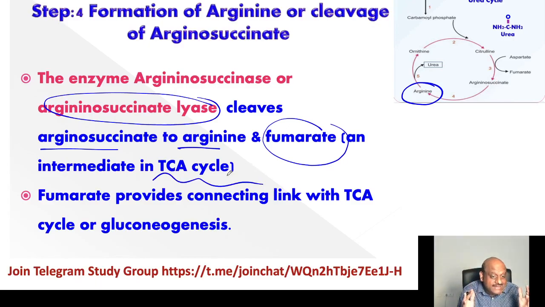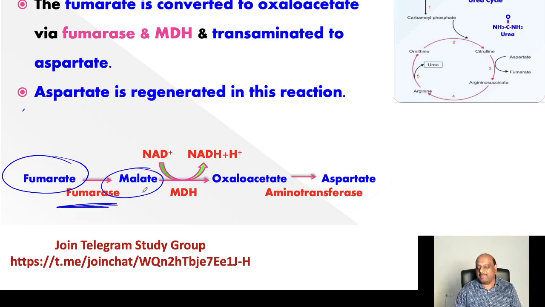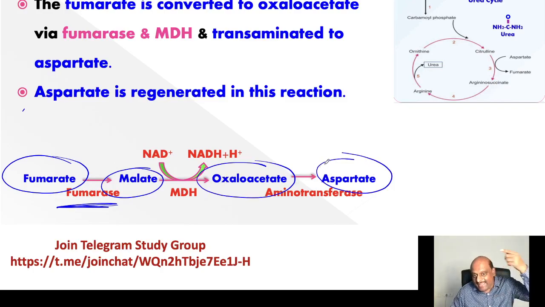So that is the reason fumarate is called the connecting link between the citric acid cycle and the urea cycle. So what is the fate of this fumarate? Fumarate, by the action of fumarase, becomes malate, becomes oxaloacetate, once more regenerating the aspartate which is required for the urea cycle to run.